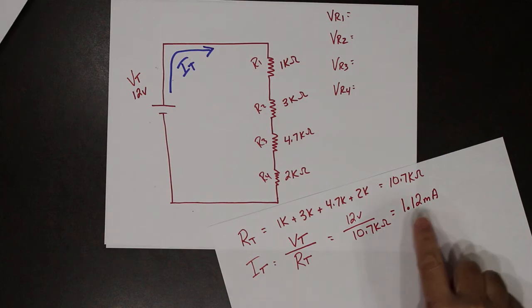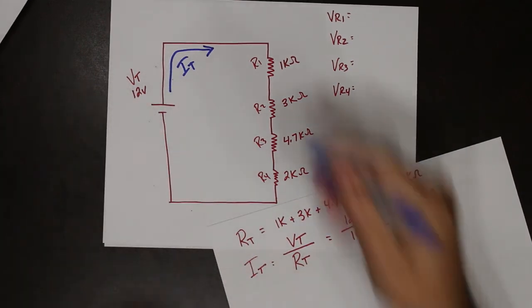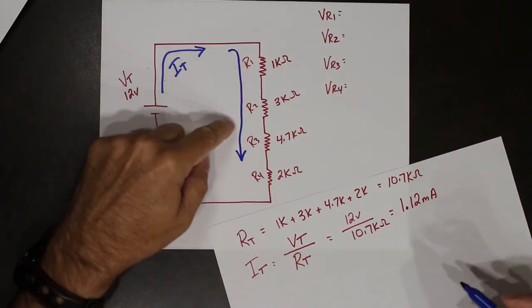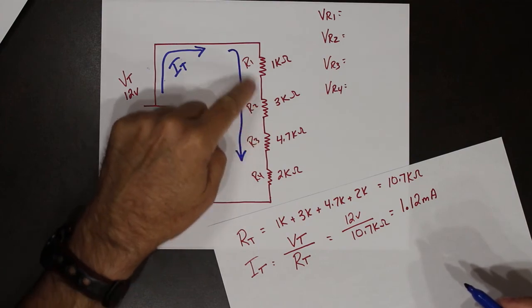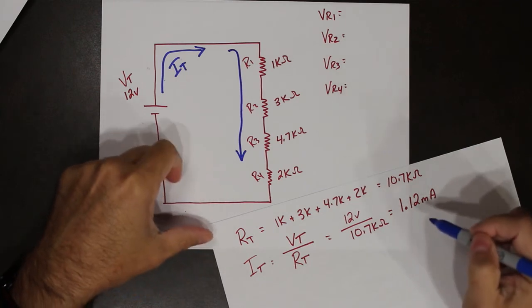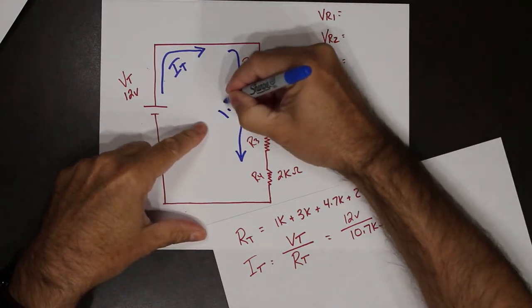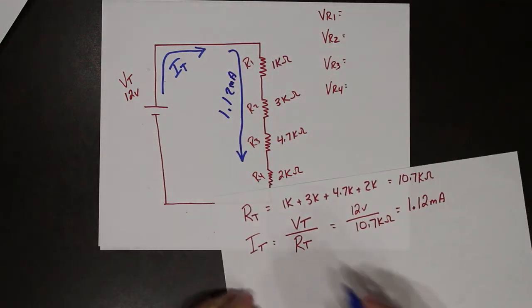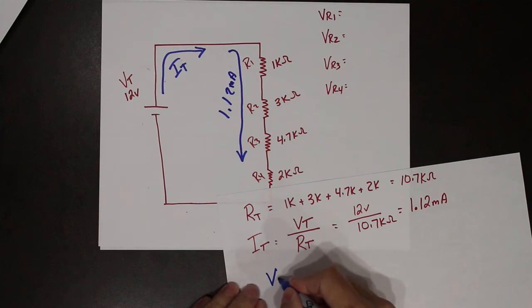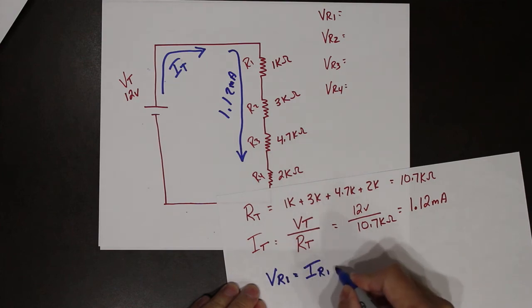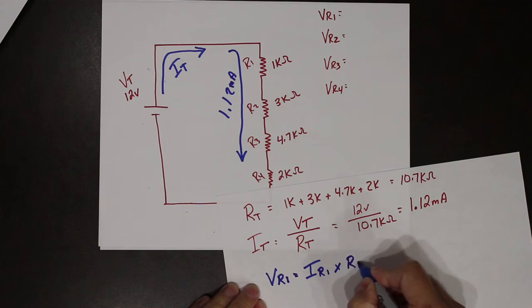So now that we know the total current, we know that that current flows exactly the same through each of those resistors, because there's only one path. This is a series circuit. They all share the exact same current, and that current value is 1.12 milliamps. So the voltage across R1 is equal to the current through R1 times the resistance of R1.